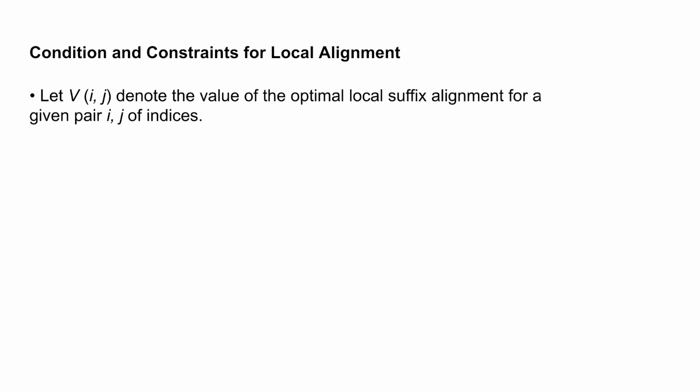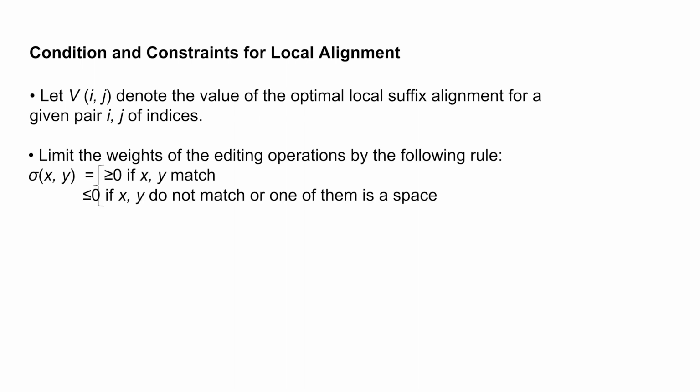How can one compute the local alignment? Again, it has initialization steps, recursive steps and trace backing steps, but here the condition for local alignment computing is very important when we analyze the optimal alignment score V(i,j), which denotes the value of the optimal local suffix alignment for a given pair i, j of the indices, where the limitation is that the score of x, y is greater than or equal to 0 if x and y match.